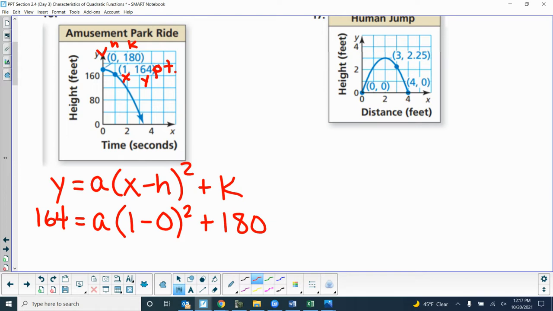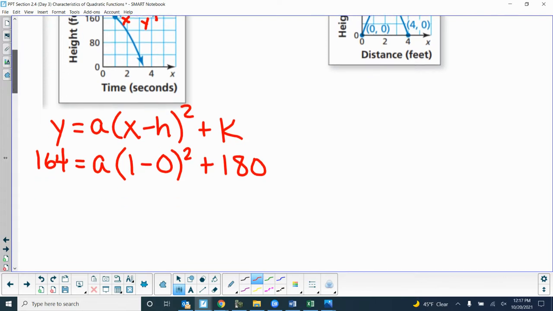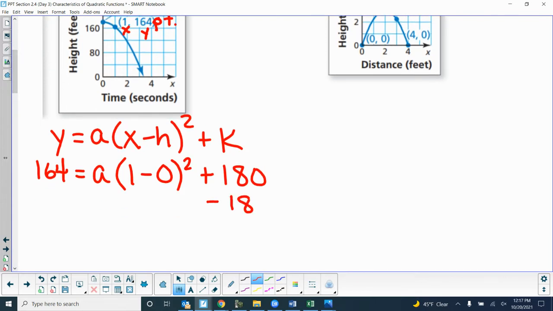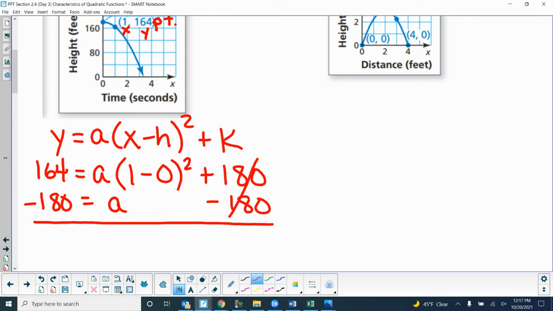So, what's 1 minus 0? 1. What's 1 squared? 1, right? So that's just A. So all I got to do is what? Subtract the 180. What's that, negative 16? Okay?